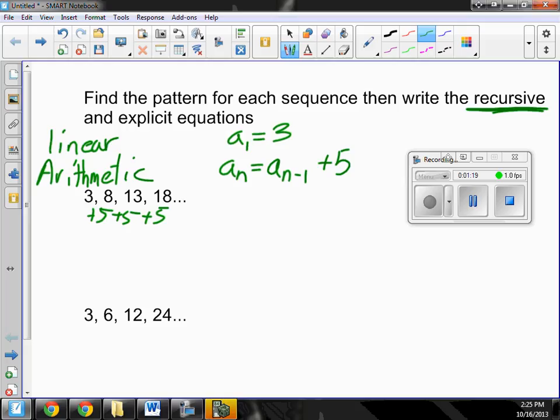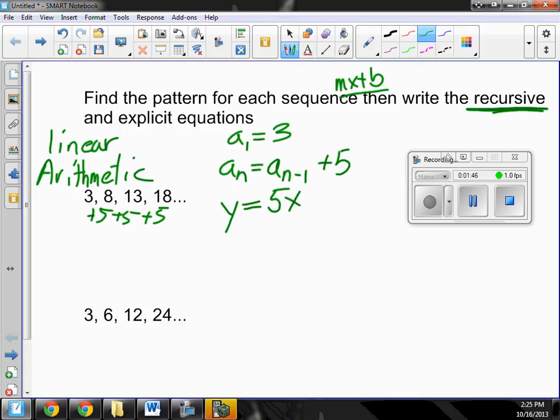Okay. So for the explicit, it's y equals, and for a linear equation, it's mx plus b, which you've been dealing with for years now. So what is the mx plus b equation? 5x, and then there's kind of a trick. I know that we're going up by 5, but the explicit model always relies on year 0, but I don't have year 0.